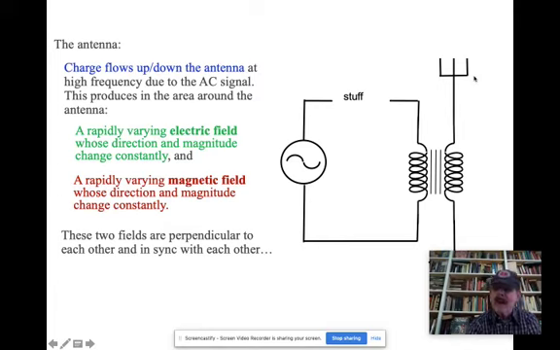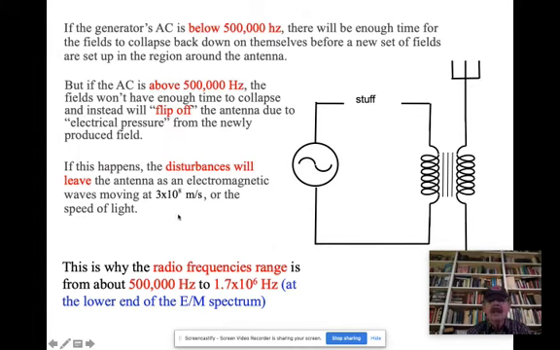If you're above 500,000 cycles per second, there's not enough time to do that. And so what ends up happening is that the disturbance does what's called flipping off. And they're moving at 3 times 10 to the 8 meters per second, which shouldn't be a surprise because radio waves are a part of the electromagnetic spectrum.